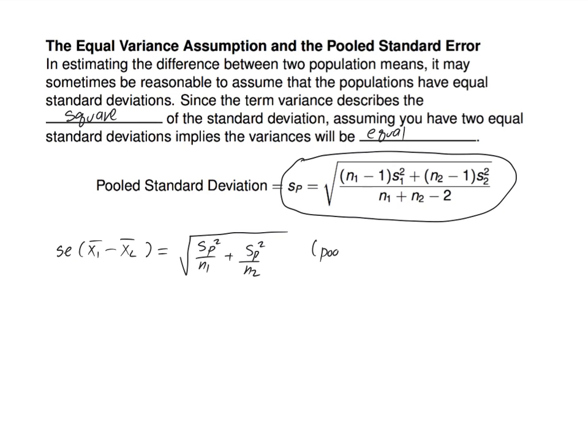So that's the pooled version, where you first find the average of the two standard deviations, versus the other one, the unpooled one.